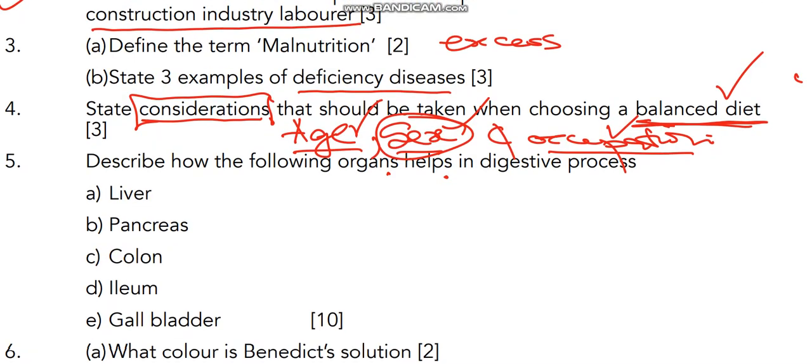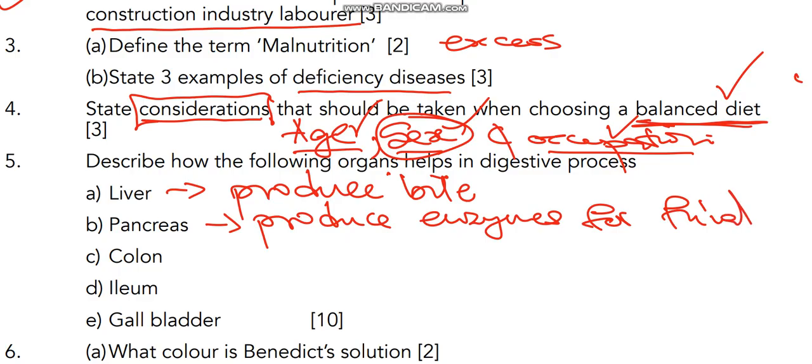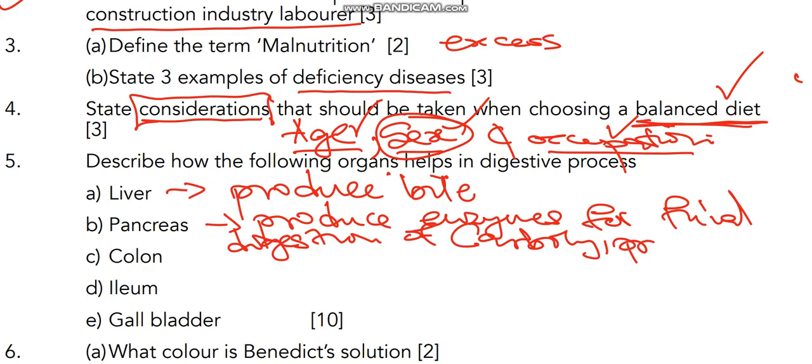So we have the liver and we have the pancreas. The liver is there to produce bile. Then the pancreas is there to produce enzymes for final digestion of carbohydrates, proteins, and also fats.